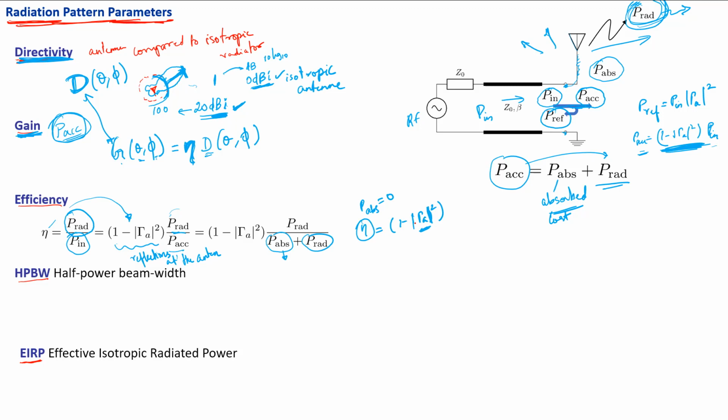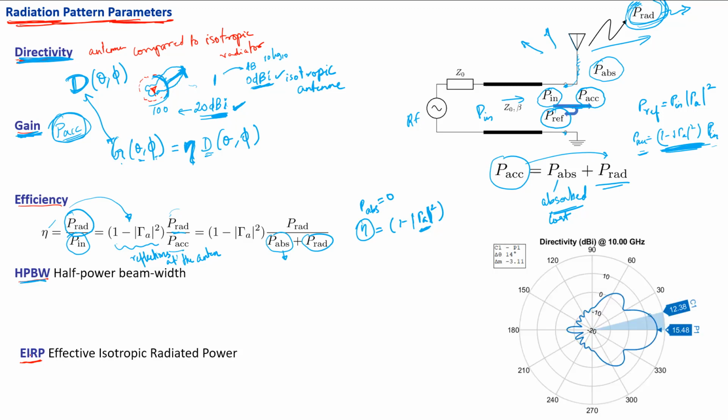The other pattern characteristic that we are looking at, the half power beam width, is going to be dependent on the radiation pattern. Let's say for a directive antenna, the pattern is dependent on the angle. Let's say here we are looking at a certain cut of the three-dimensional radiation pattern, it's radiating a high value in this particular direction, its maximum, and that directivity is, let's say, 15.48 for example.